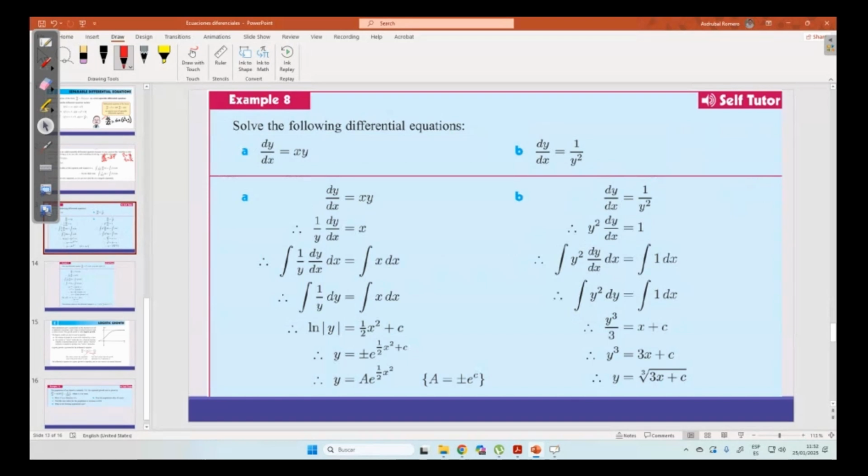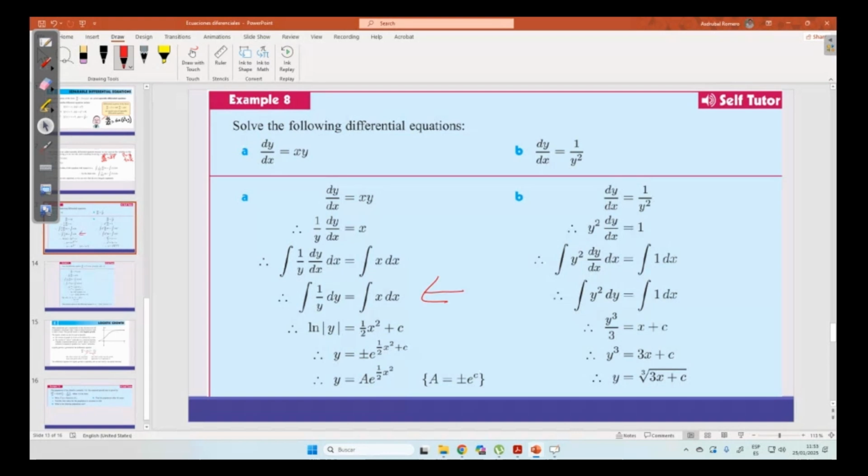So for instance, you have these two examples that are very easy to follow. dy/dx is equal to x multiplied by y, and then you can put y to here, and dx to the other side, then you get to this part.